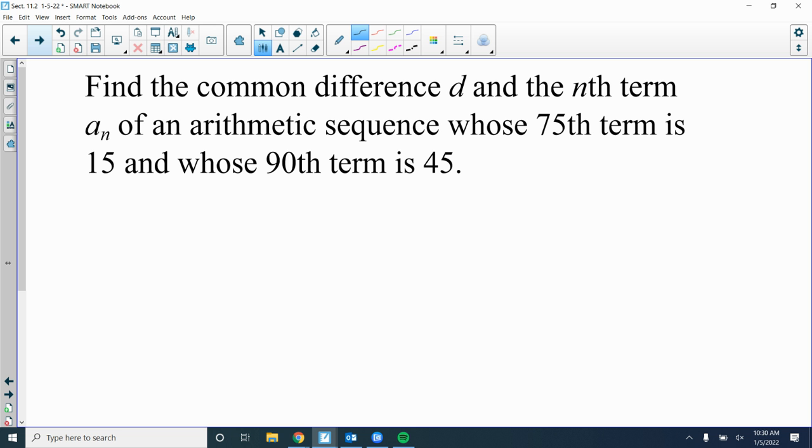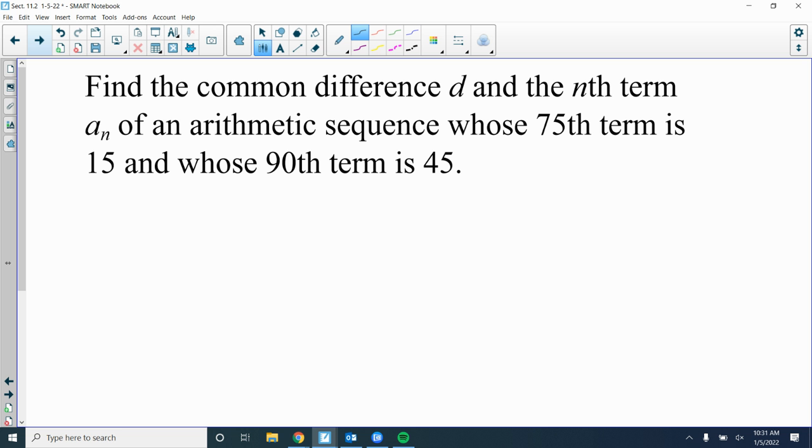That's why we have to find d. Yeah, you're right. In a second. Just think about it. It's 15 away from 45.